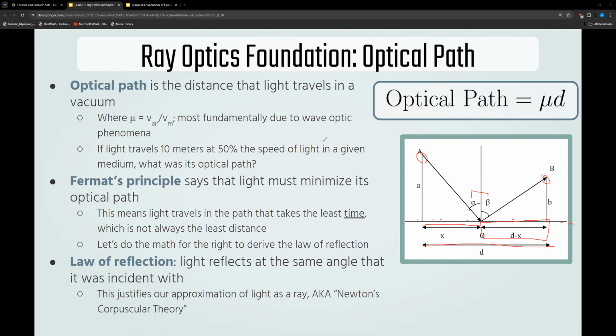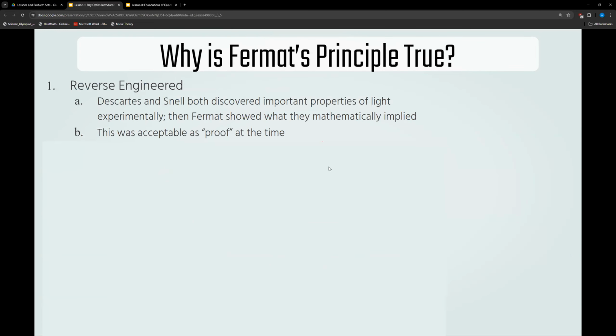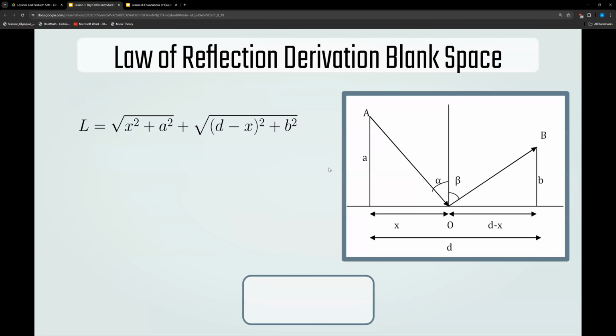To do this, we do a little bit of finagling. First we set up our Pythagorean theorem expression. L equals the square root of x squared plus a squared. That's this triangle that I'm doing in red. And then it also travels on the hypotenuse of this triangle right here.